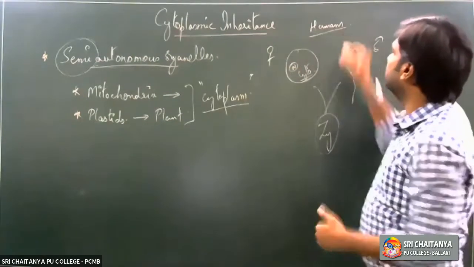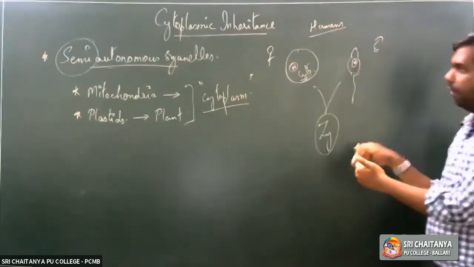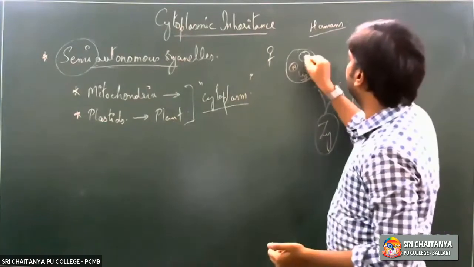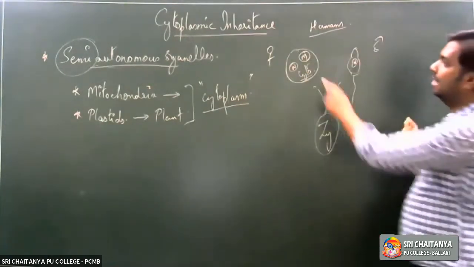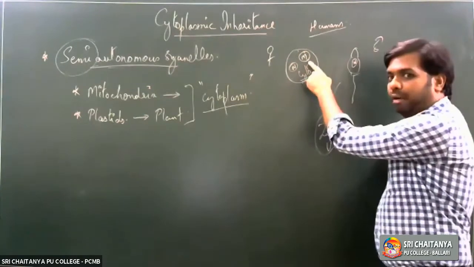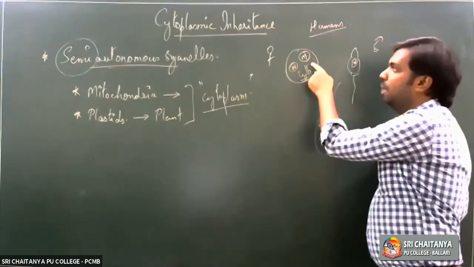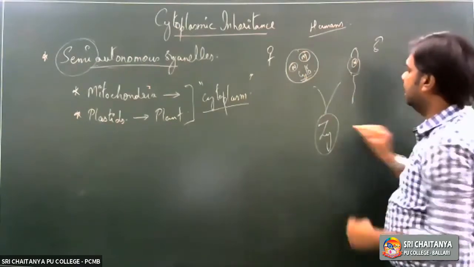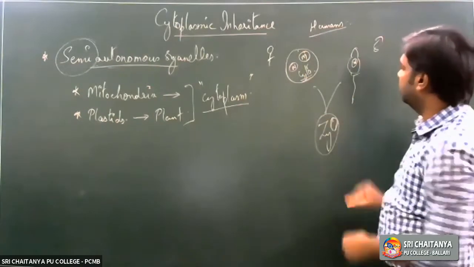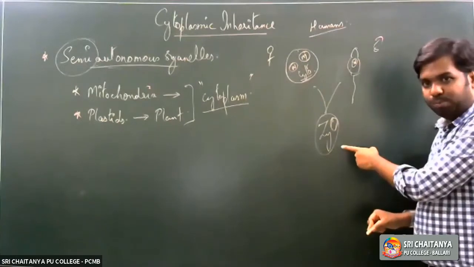In the cytoplasm, there is the cellular organelle called mitochondria. So whatever genes are present in the mitochondria in the cytoplasm of the mother would be present in the cytoplasm of this zygote also.